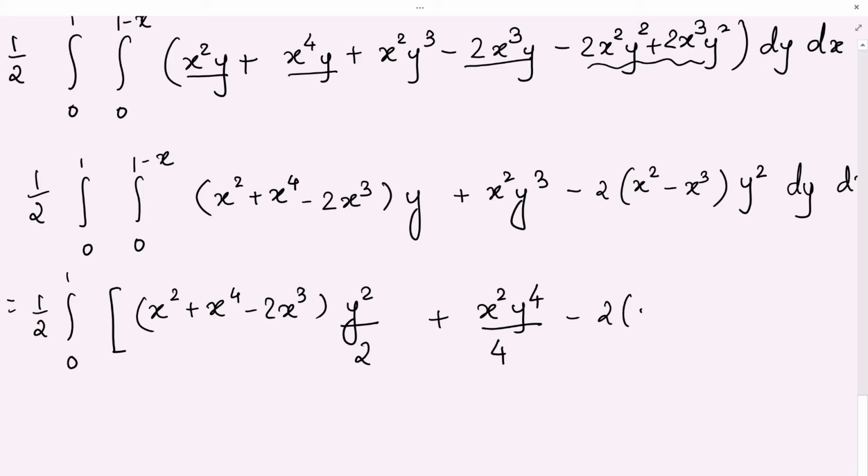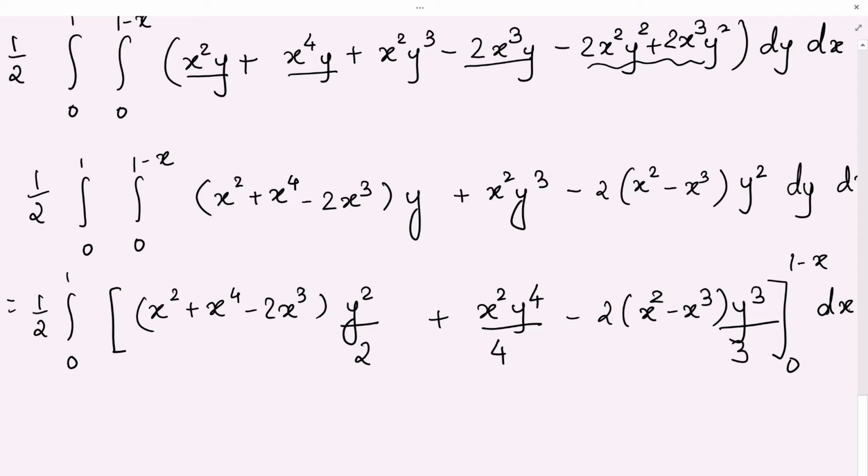And this will be x square minus x cube, y cube upon 3. The limits of integration are 0 to 1 minus x. So now we'll have to substitute the upper limit, because if I substitute the lower limit I'll get 0. So let me substitute the upper limit.